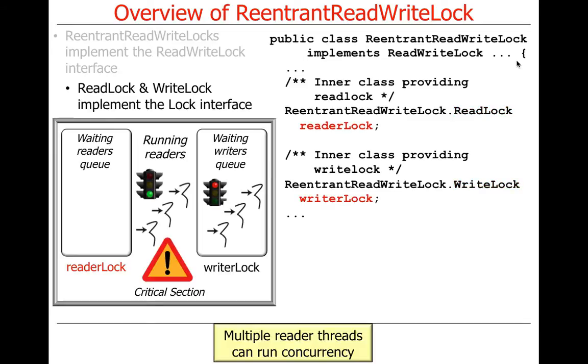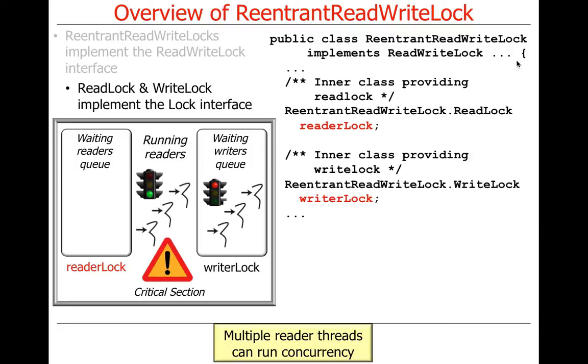OK, so that's how that works. The rules are that while the read lock is held, any writers that want to come along have got to queue up and wait, and a bunch of readers can run as long as they own the read lock. Now here's where things get tricky in terms of who gets preference, readers or writers.